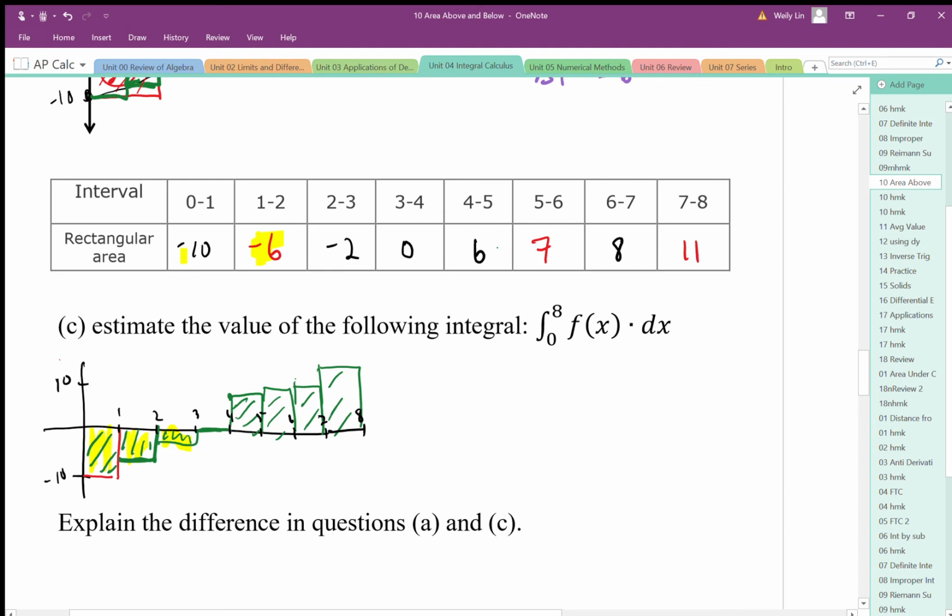Now the negatives get counted against. So the change in the antiderivative is going to be the area below counted against the area above.